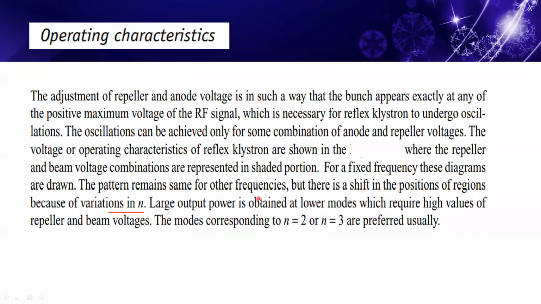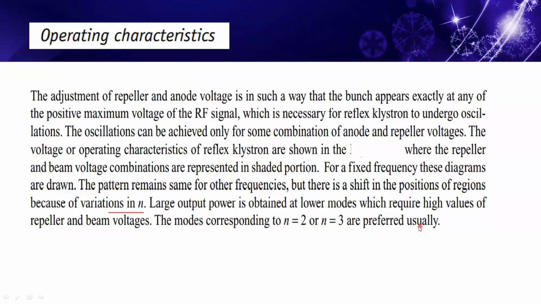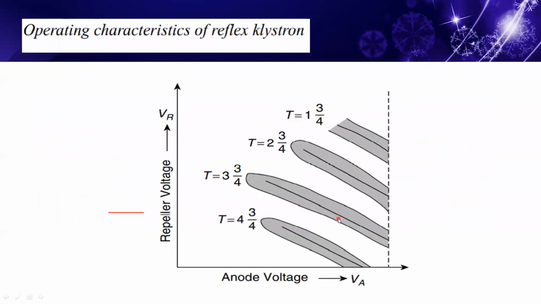This is the experimental setup diagram; we will do the experiment in a future semester. The conclusion from this operating characteristics waveform is that larger output is obtained only at lower order modes, so high values of repeller voltage and beam voltage are generally required.